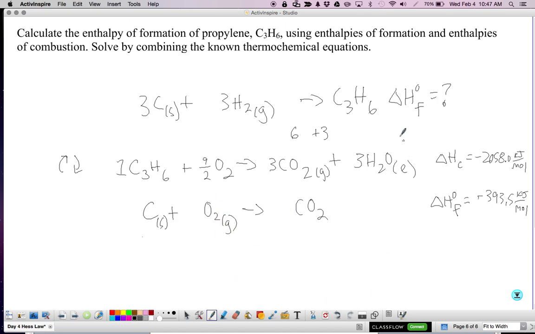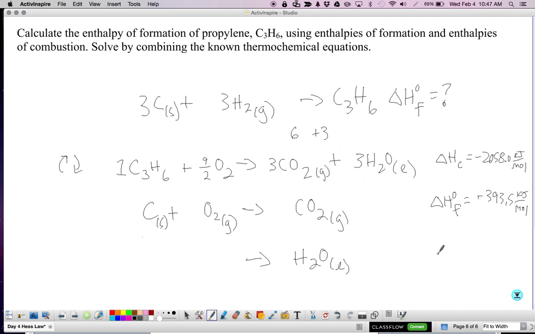That's nice. And now you should realize that I can do the same thing with water. I can make up this equation with water, and it has to be liquid water so that it can get rid of the liquid water.